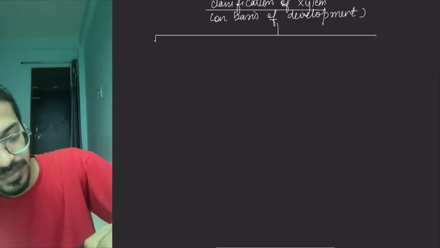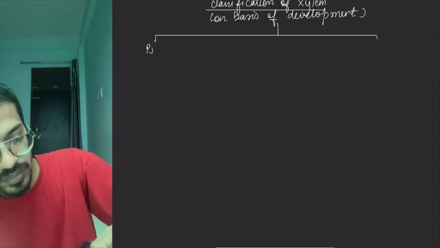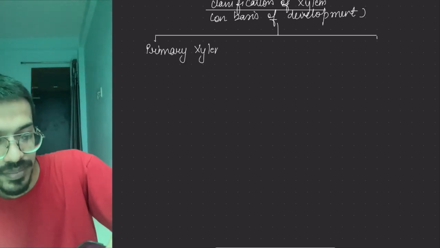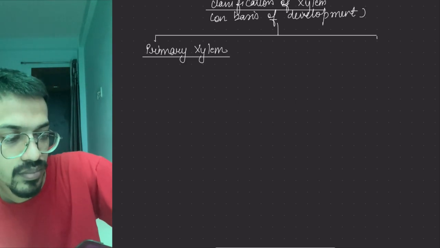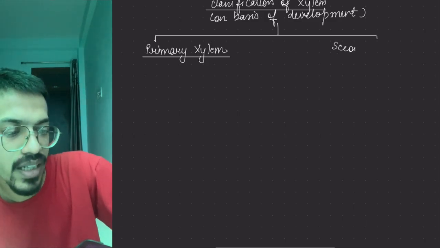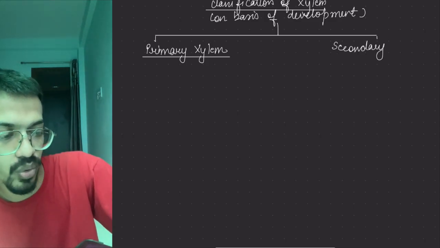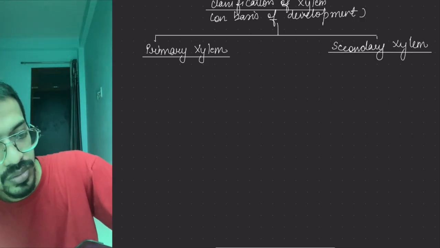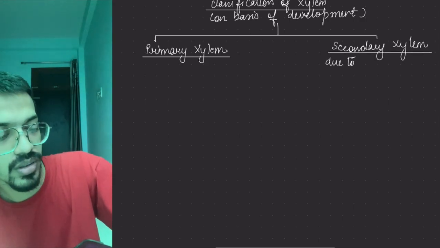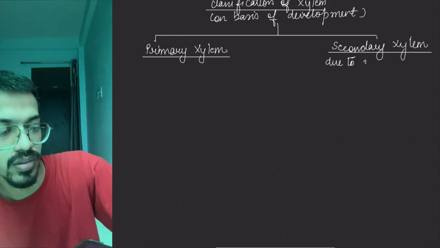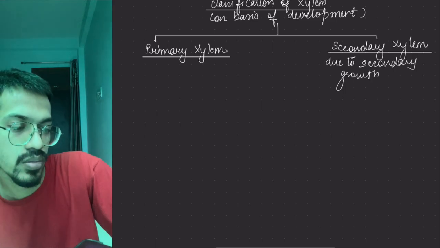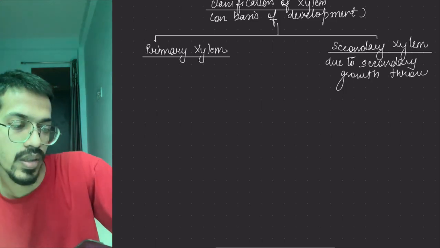Primary xylem, or it could be secondary xylem. Secondary xylem is due to secondary growth, through cambium.